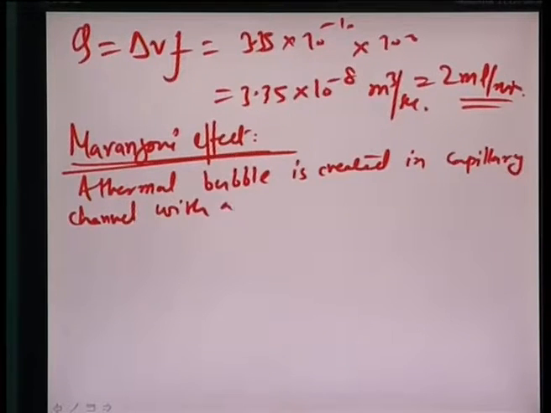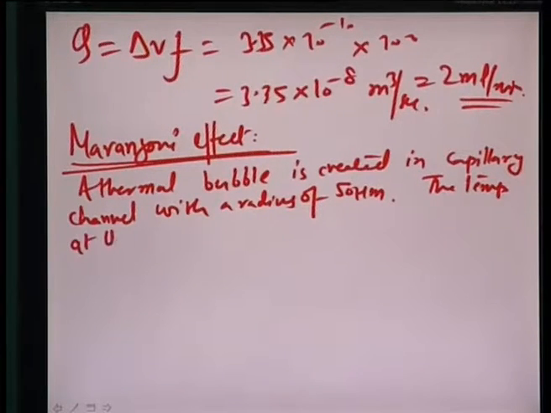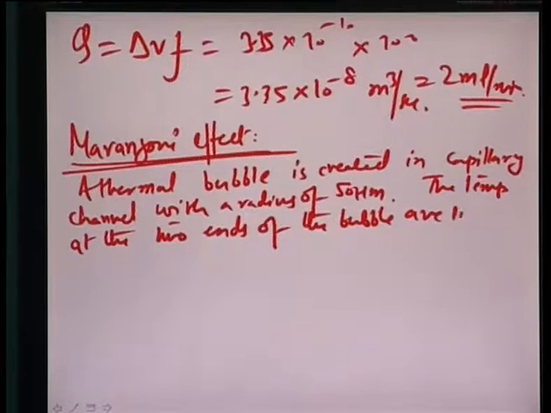This capillary has a radius of 50 micrometers. The temperatures at the two ends of the bubble are 100 degrees and 50 degrees Celsius respectively.